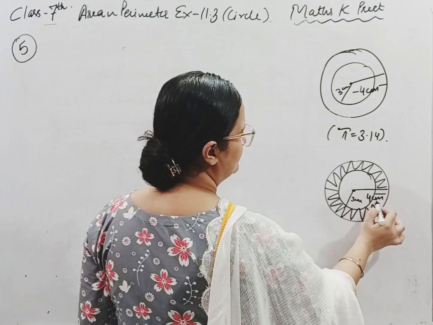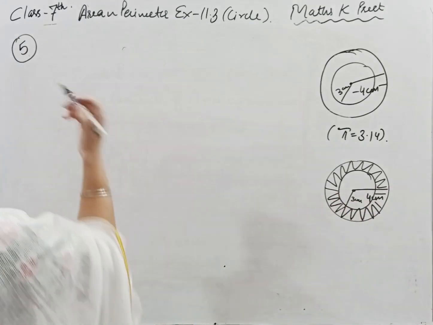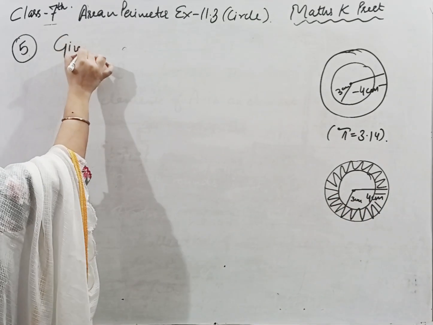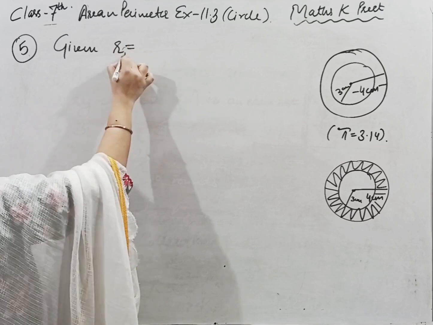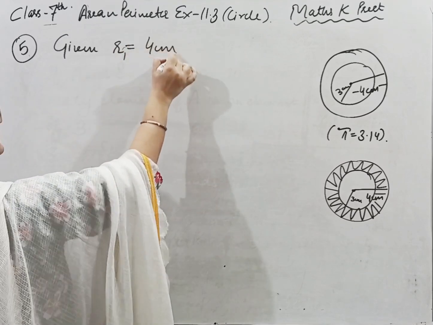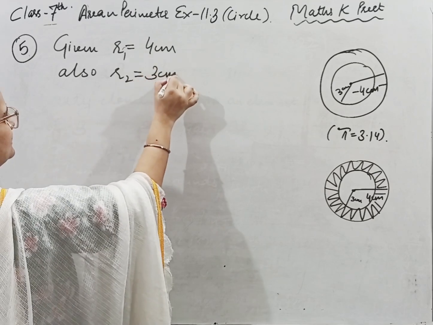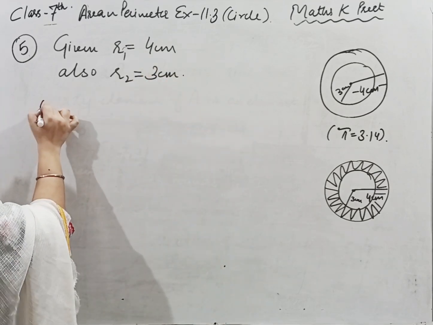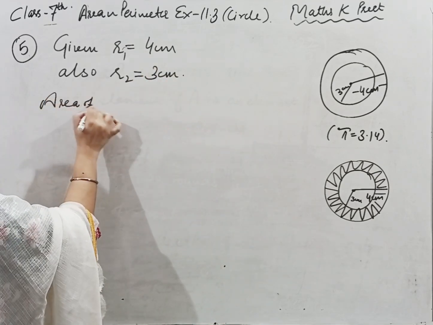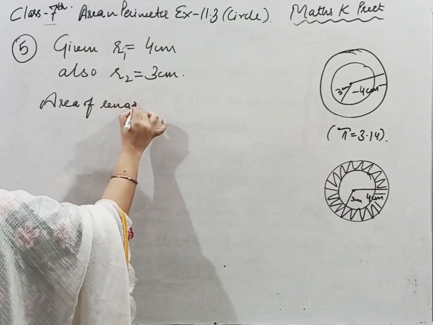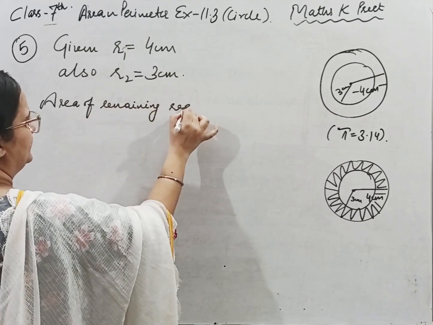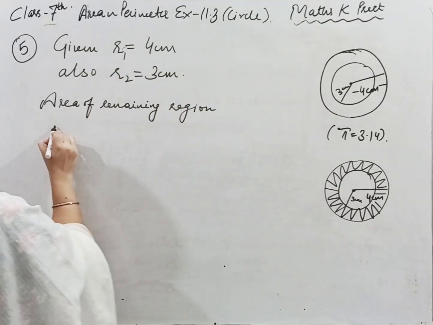So let's see how to do the question. We will write given small r or r1 is equals to 4 centimeter. Also R2 is equals to 3 centimeter. Now area of remaining region will be equals to what?